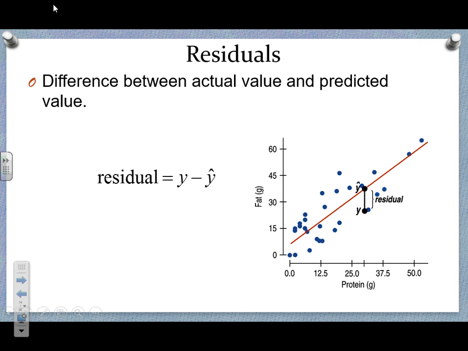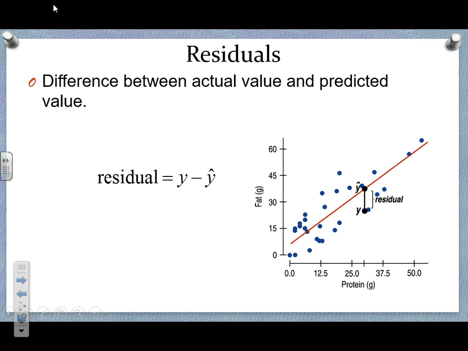If we were to look at some of these specific values, the values that we actually know, this x value, for instance, would be like 25. If we know it has 25 grams of protein, we know how much fat that particular item had. But our line would have predicted a different value. So these residuals tell us the difference between what we know to be true and what the line predicted to be true.